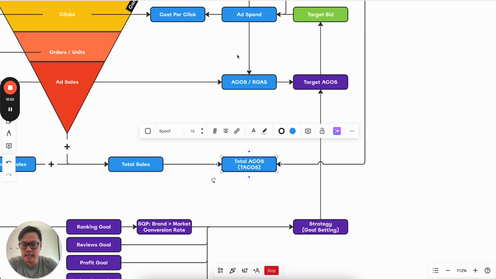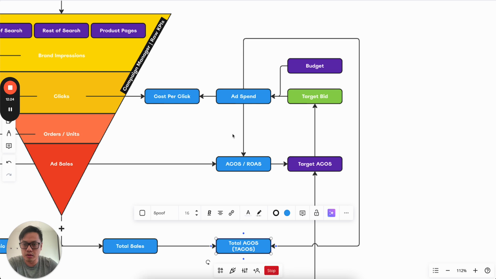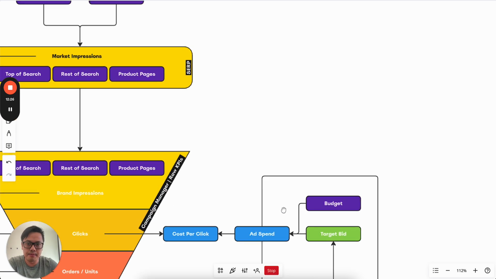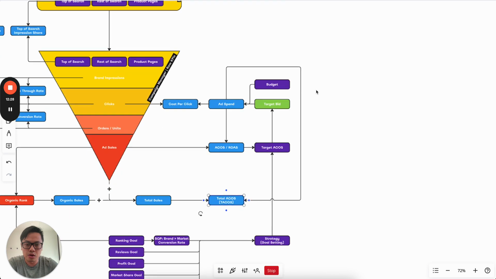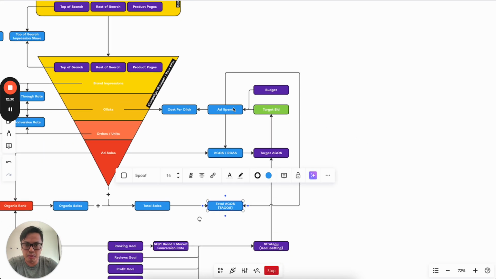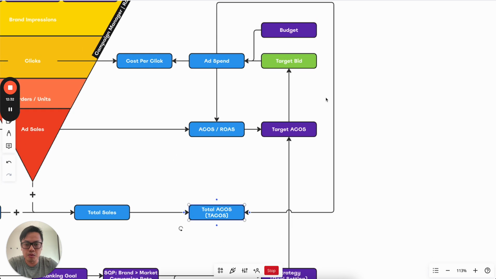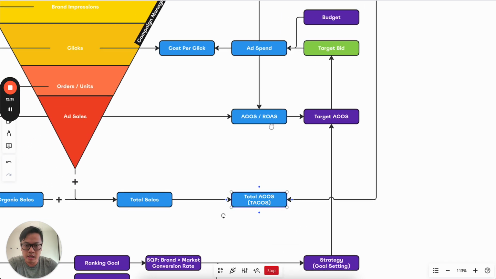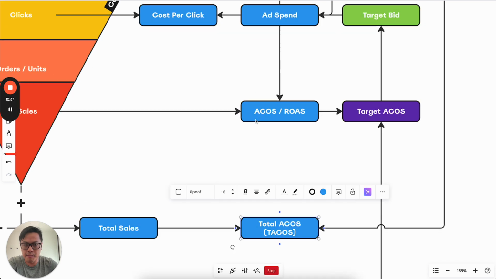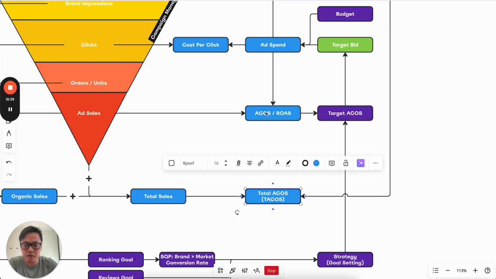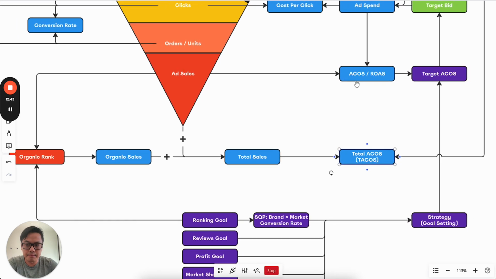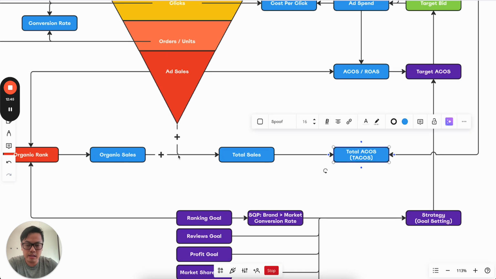Where we take it to the next level and bring in the control side is the strategy. So the strategy here is highlighted in purple. When we're looking at strategy, for me in particular, I look at ACoS.